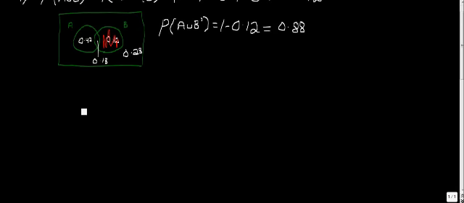Now to move on to question 2. In question 2 we're given some random variables to deal with. This is the random variable x, and it has mean of 4 and variance 3. The random variable y is given by 3 lots of the random variable x minus 1, and we're told to find its mean and its variance.